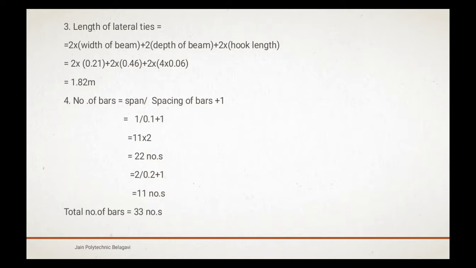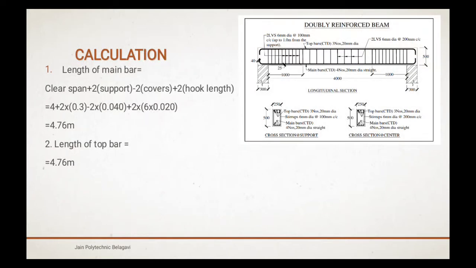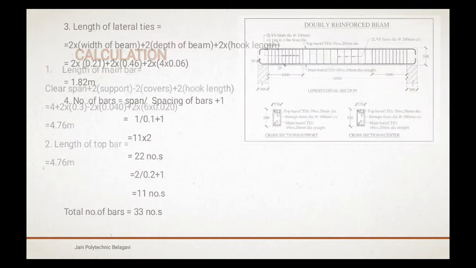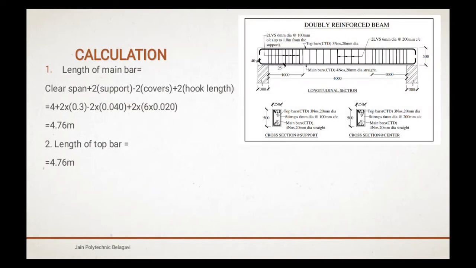Now the second one: we calculate this middle portion. The total length of the doubly reinforced beam is 4 meter; minus this 1 meter, the remaining is 2 meter. So we calculate 2 divided by 0.2, where 0.2 meter is the spacing of 200 mm, for 6 mm dia stirrups at 200 mm center to center.